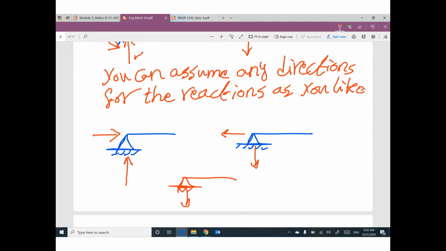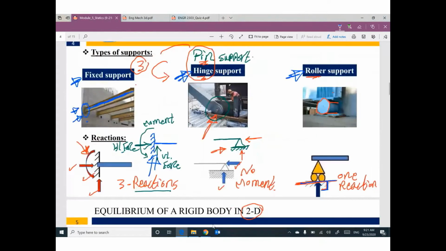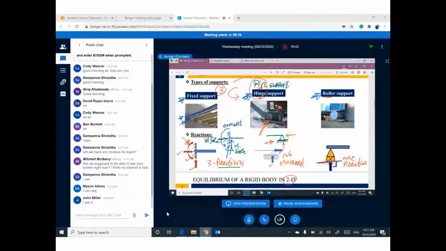It's up to you. You can assume any direction, right or left, up or down. But remember, you have to keep the number of reactions, 2, 1 vertical and 1 horizontal. Any question for this point? If you have any question at any time, let me know.